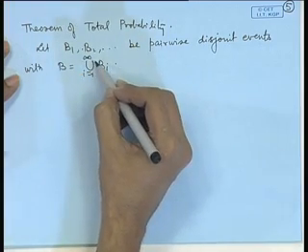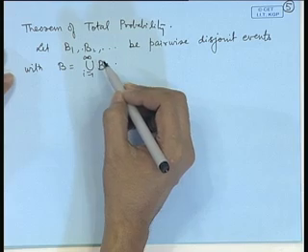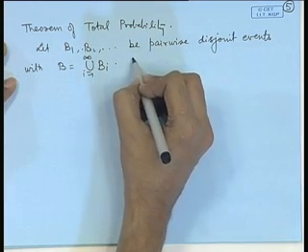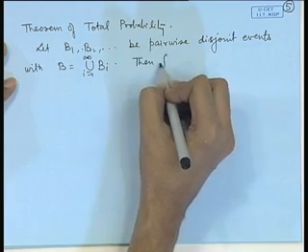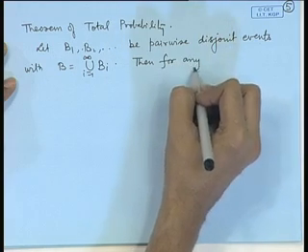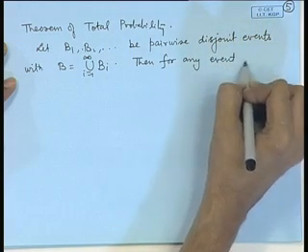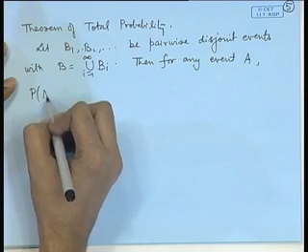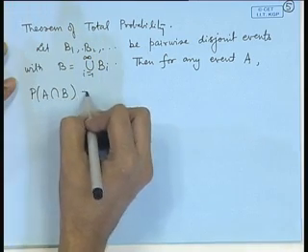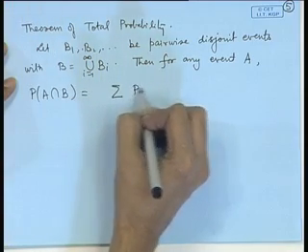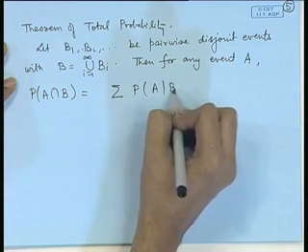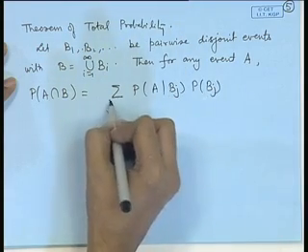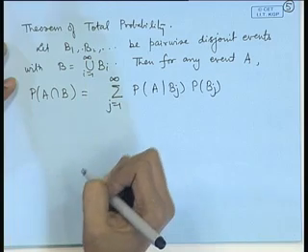Here it could be a finite union also, it will not make any difference to the actual statement of the theorem. Then for any event A, probability of A intersection B can be decomposed as the sum of probability of A given Bj into probability of Bj, j equal to 1 to infinity.